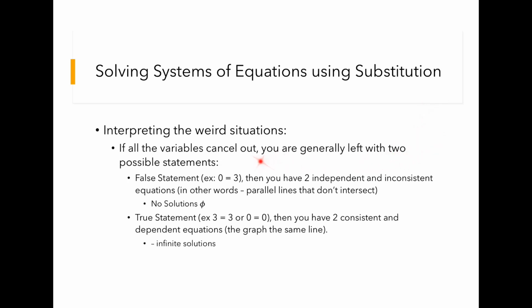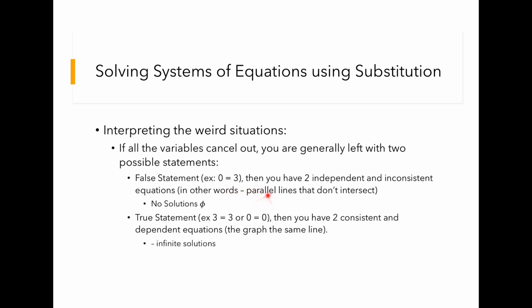Basically the weird situations happen when all the variables cancel out. And we're generally left with one of two possible scenarios. The first one is that we end up with a false statement. There we had negative 1 equal to 3, but we could have 0 equal to 3 or what have you. In that case, what that's telling us is we have two independent and inconsistent equations.